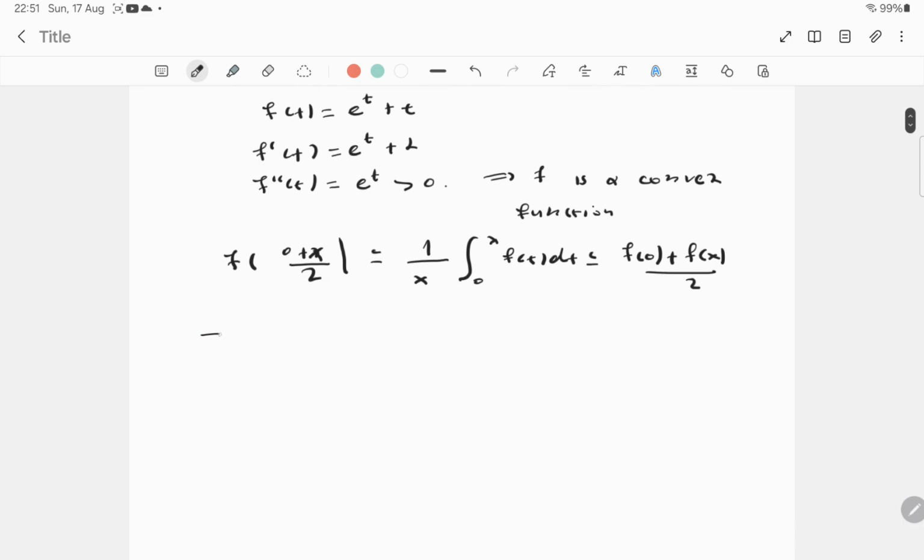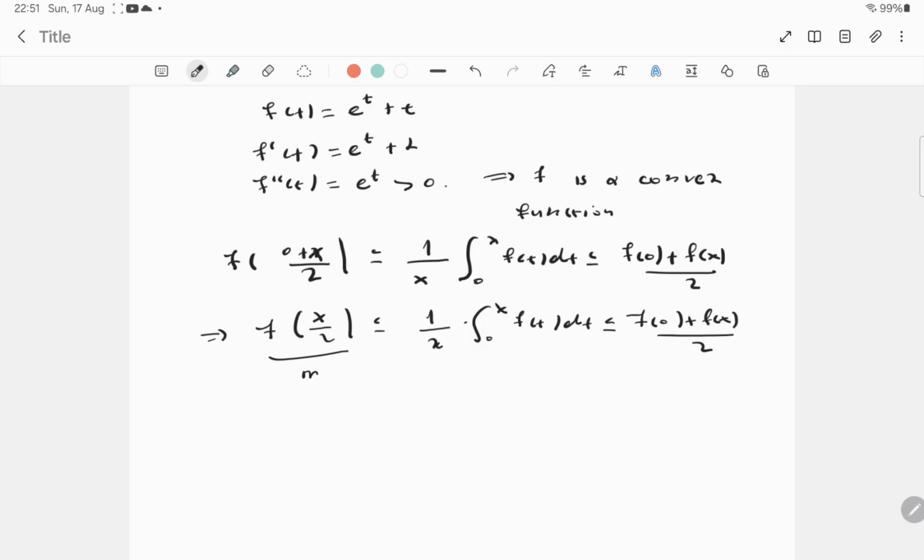Let's rewrite this inequality as f of x over 2, then you have this integral times the reciprocal, and then you have f of 0 plus f of x divided by 2. Let's call this part little m. Let's call the term in the middle I. And this big M.